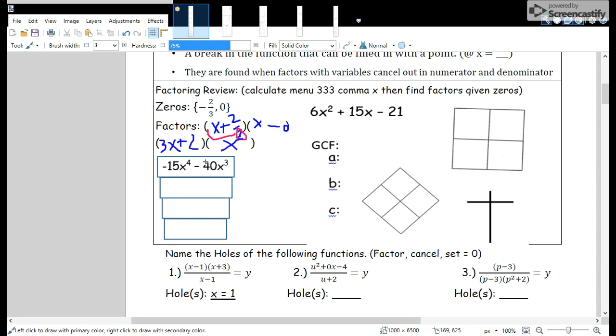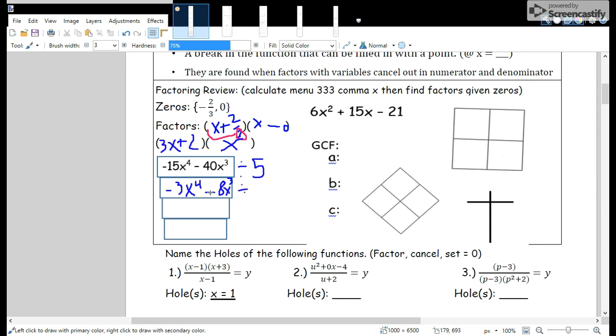If you look at this example, this is the cake method. You use the cake method to factor out the greatest common factor. First, we see if 15 and 40 both have a number that goes into them. The greatest common factor in this case looks like it would be 5. Negative 3x to the 4th minus 8x cubed.